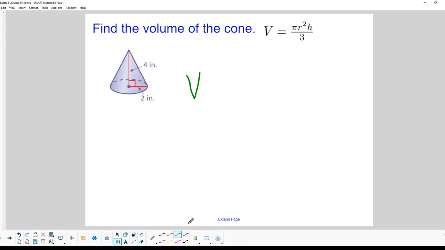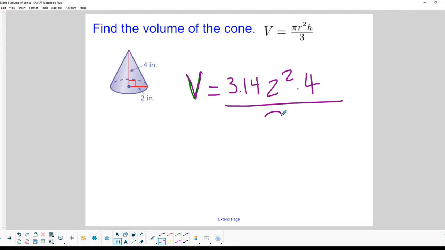Okay, here's another cone. So for the volume of this cone, we're going to use purple since we've got a purple cone. Remember our formula: 3.14 times the radius, which in this case is 2 squared, times the height, which in this case is 4, and then when we get all done, we'll divide our total by 3. So 3.14 times 2 squared times 4 equals 50.24.